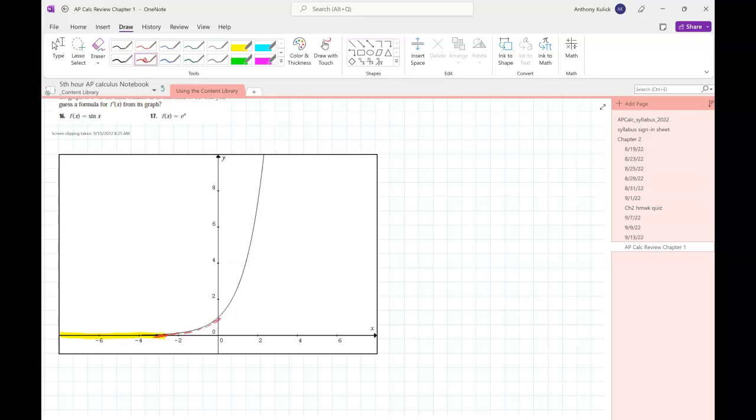That looks like about a slope of 1 right there. I'm just kind of eyeballing things. And then a little bit bigger and a lot bigger, like pretty steep, getting real steep.